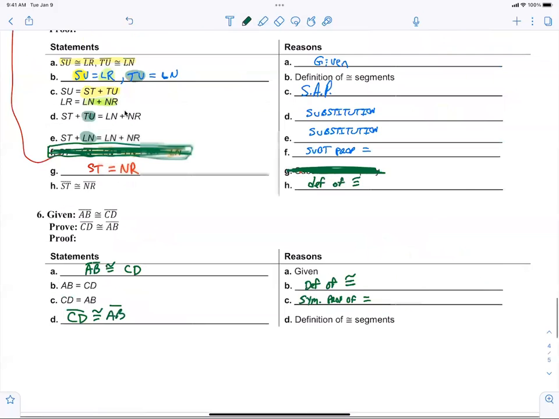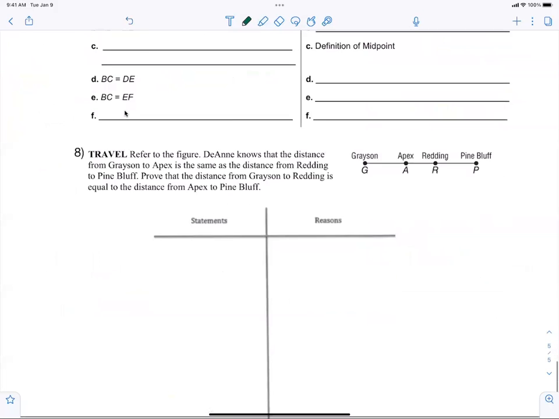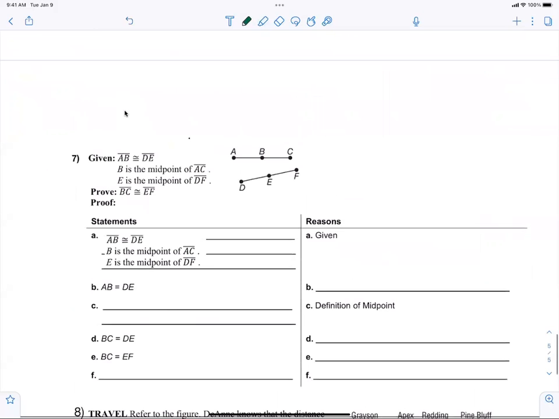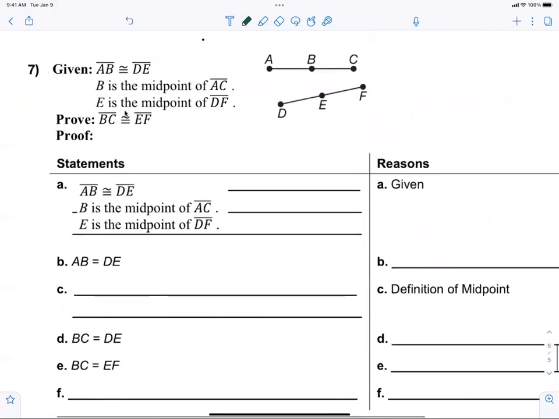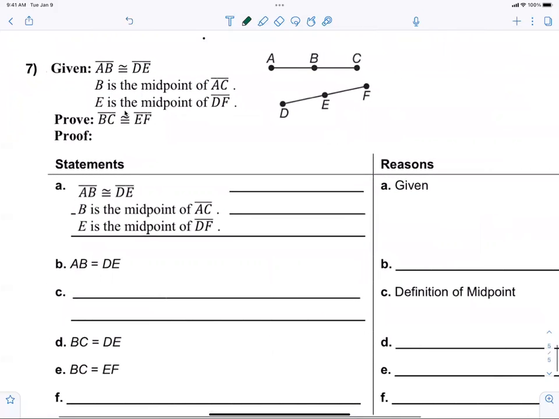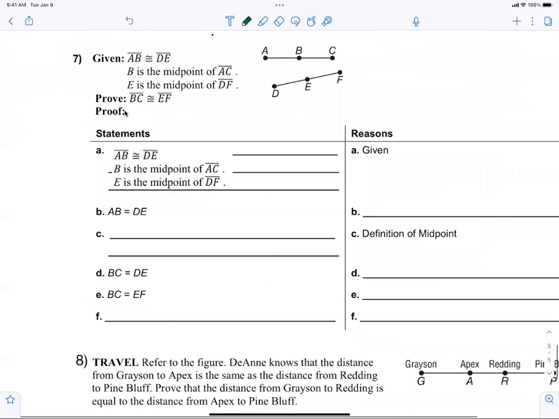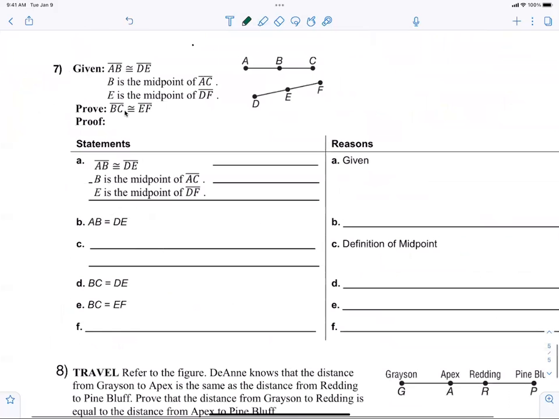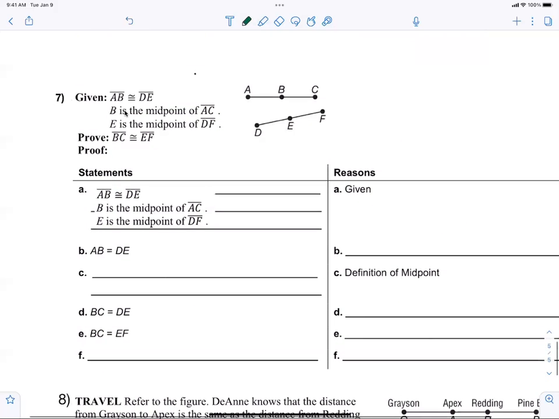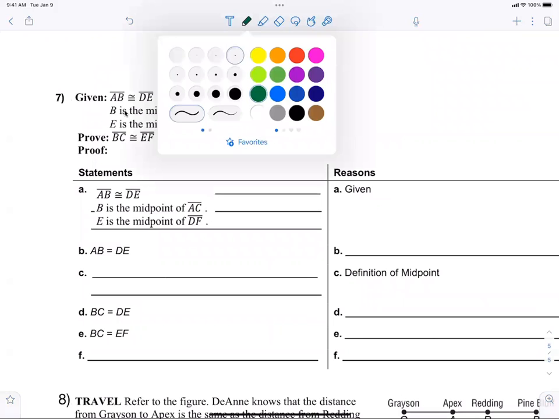All right, here we go. Now I kind of just wrote a bunch of stuff out here trying to see how this worked. AB is congruent to DE. B is the midpoint of AC. E is the midpoint of DF. All of that is what? I don't know what that's there for. I think I just messed this up when I was writing it.